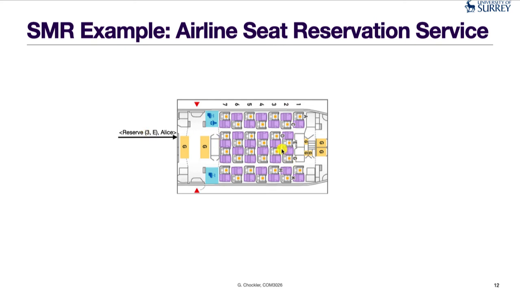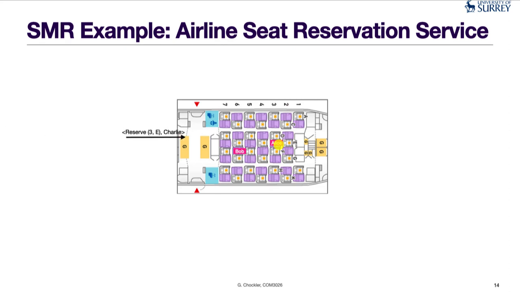Seat 3E is currently free, so this request is granted and Alice is assigned to seat 3E, and the output is OK. Now another user, Bob, is trying to reserve 6F, and again 6F is free, so Bob succeeds, gets it reserved and gets OK back.